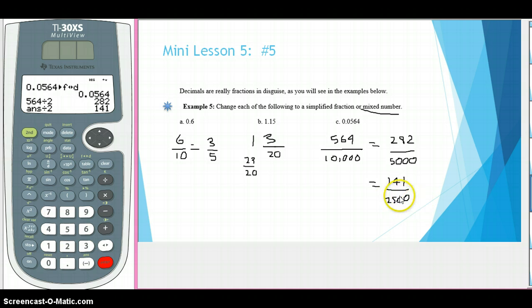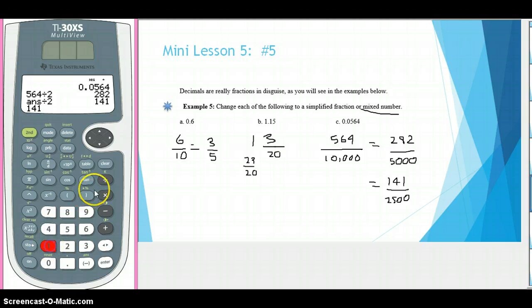So I know I've simplified this completely because the denominator is only divisible by the prime numbers 2 and 5. 141 is not even. It doesn't end in a 5, so it's not divisible by 2 and 5. And just to check to make sure I got this right, I'm going to divide 141 by 2,500.